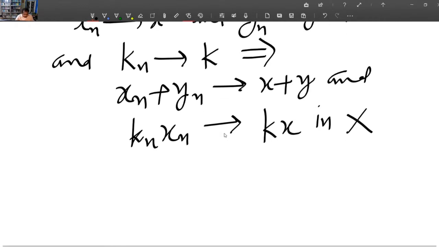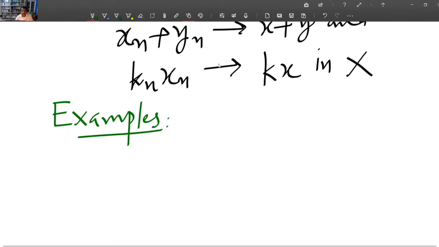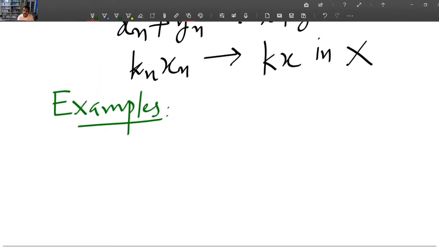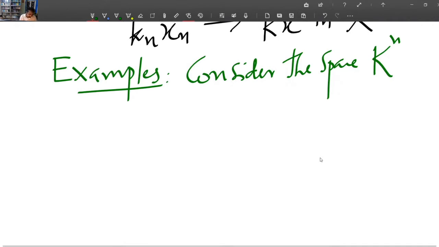Now we are going to define various types of norms on K^n. We are going to discuss some examples. Consider the space K^n. As a first case, consider n equal to 1.